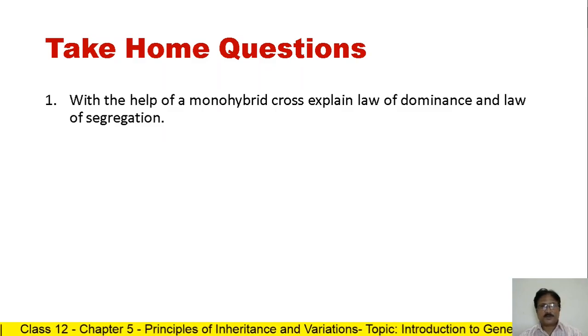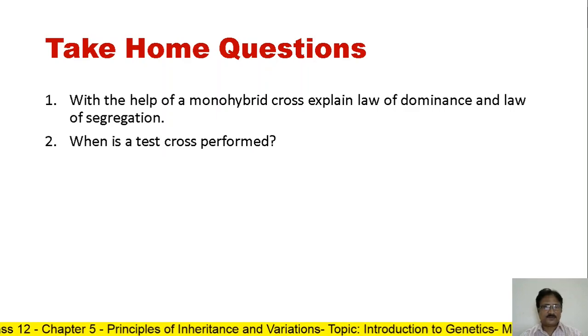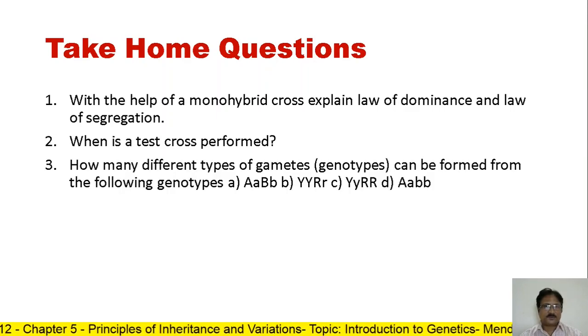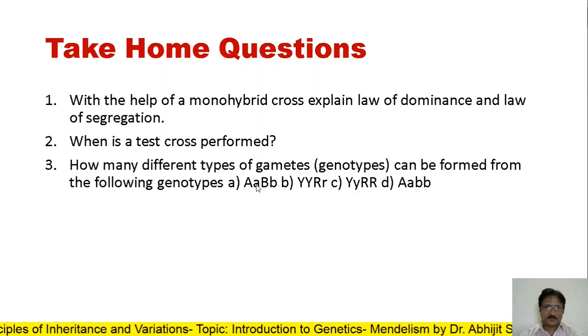With the help of a monohybrid cross, explain the law of dominance and law of segregation. When is a test cross performed? How many different types of gametes can be formed from the following genotypes, and what are those gametes? This is a very, very important question. Let me say capital A, small a, capital B, small b.